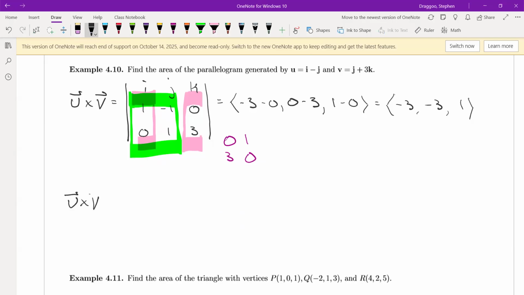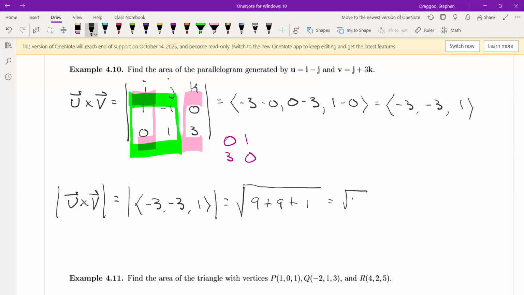U cross V, but I want the magnitude of them, which looks like it'll be the magnitude of -3, -3, 1, which is going to be a square root. Looks like 9 plus 9 plus 1, or square root 19.